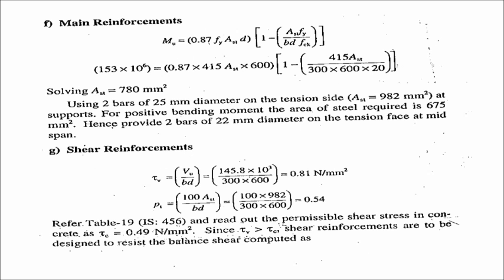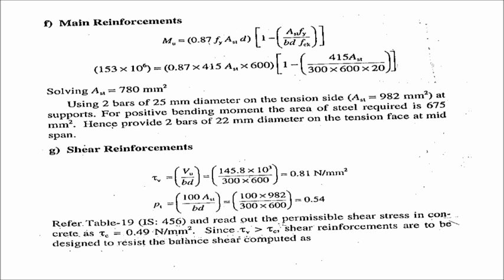Main reinforcement is calculated as follows. Mu is equal to 0.87 fy Ast d into (1 minus Ast fy by b d fck). We take the fy, Ast, d, b, fck values, and then we get Ast as 780 mm square.